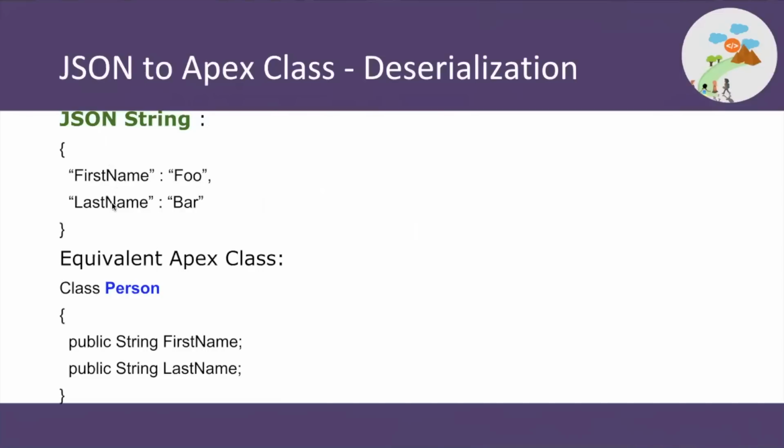Same way, you create a variable named lastName, data type string and public. Today's session, we are not going to cover exactly this one, but we are going to cover how you can make a callout to the external system. So let's skip this right now.